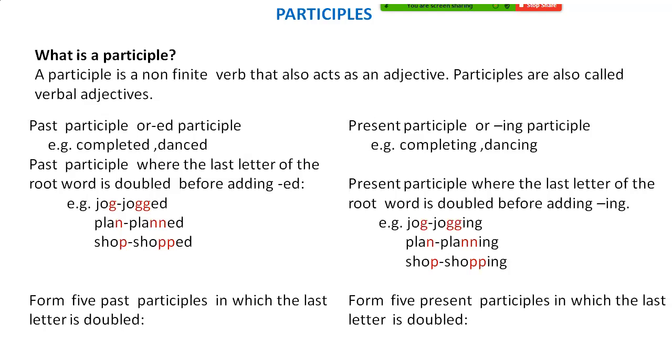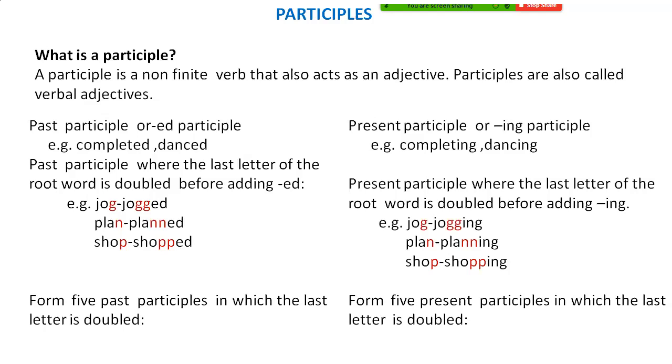It does not have a particular tense. Now, this verb also acts as an adjective at the same time. Therefore, participles are also called verbal adjectives because they do the work of an action and they also are describing words.